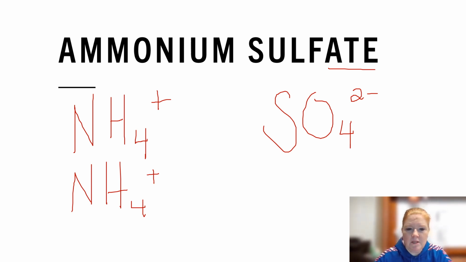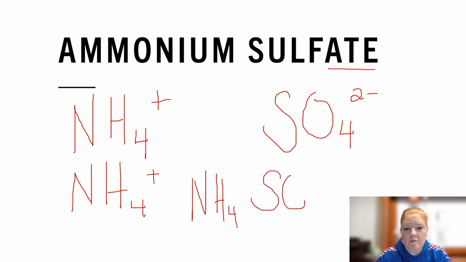So now how do I write this formula? Well, I write NH4 SO4. I can't change those subscripts, they're stuck there. Don't change them, don't remove them, nothing. But now I need to look at how many I needed.